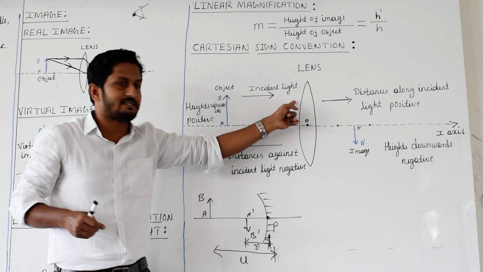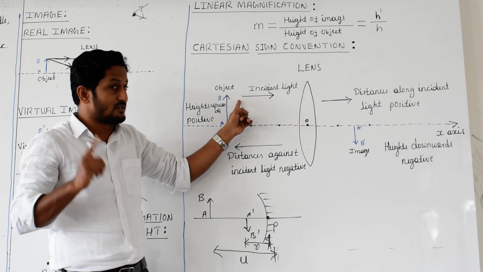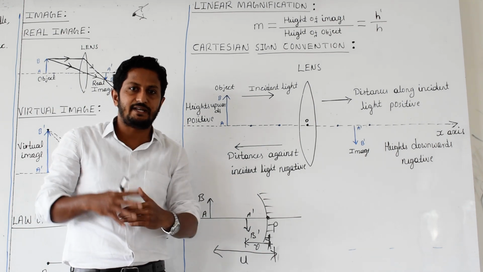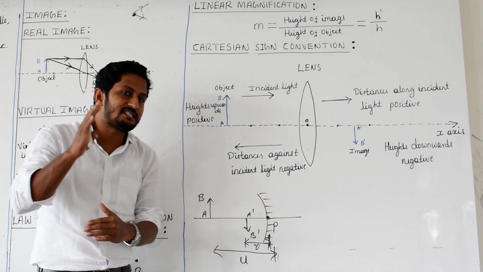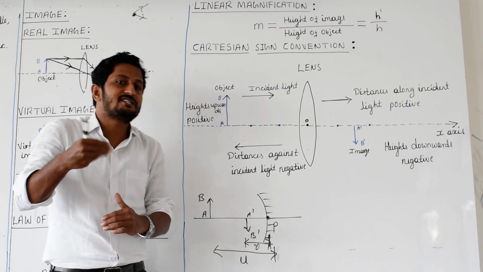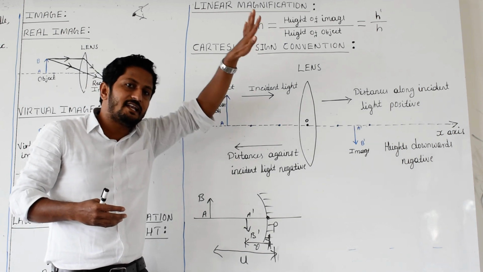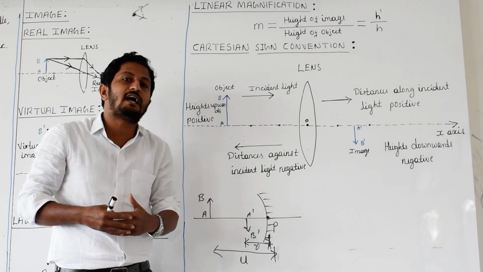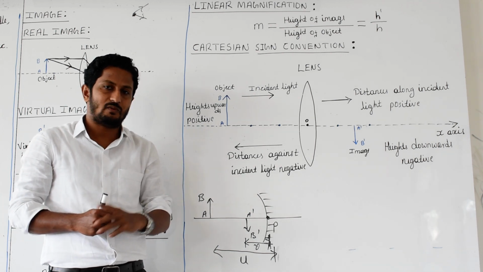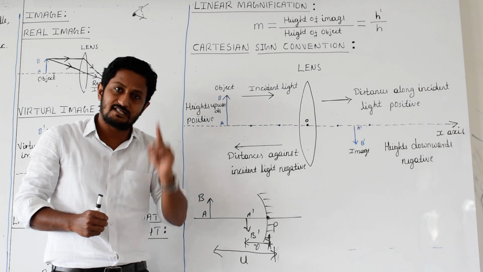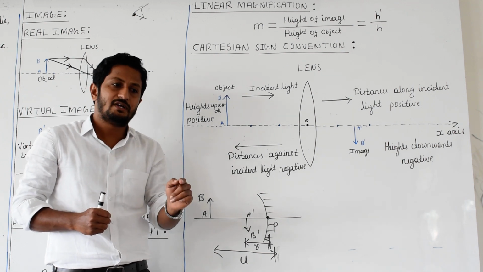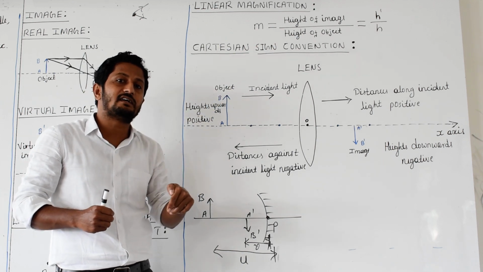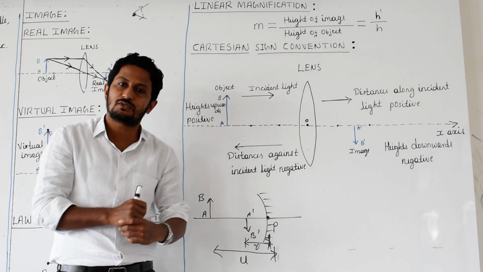Concentrate, very important. The second sign convention says: the distances measured along the direction of incident light ray are taken as positive.